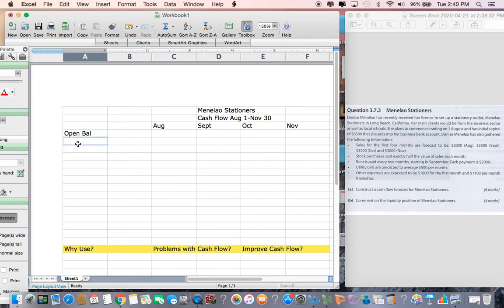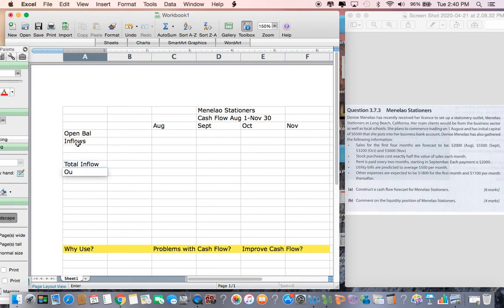The next thing you're going to do is you're going to put what is called inflows. This is money coming into the company. And then the next thing that you're going to do, down below, I'll leave some space. You're going to have total inflow.